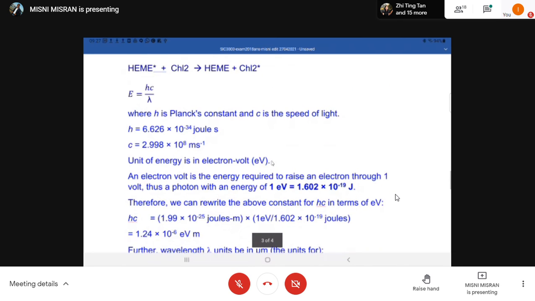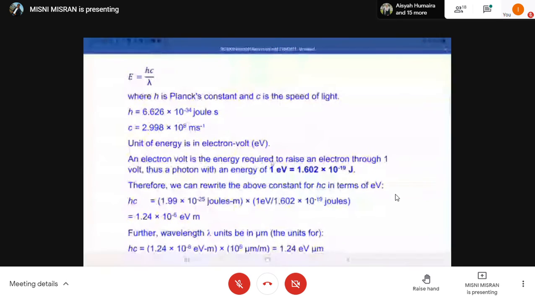And the second part of the question, the Planck constant and all the constants are actually given. Remember that simple equation.